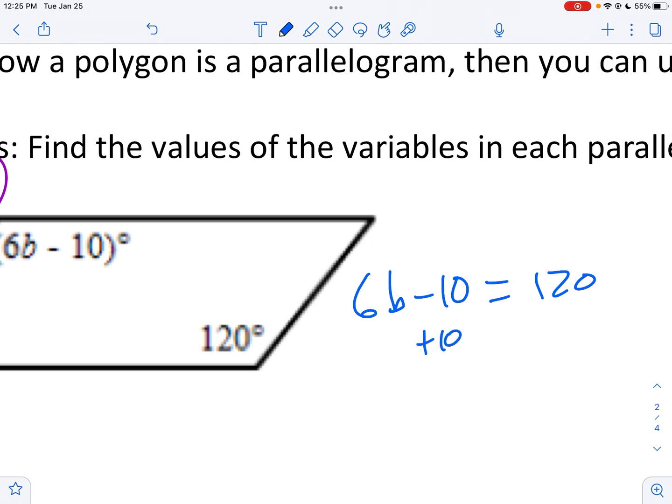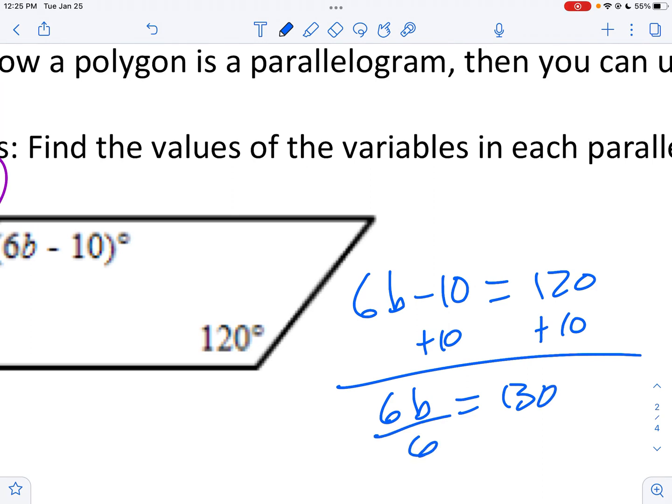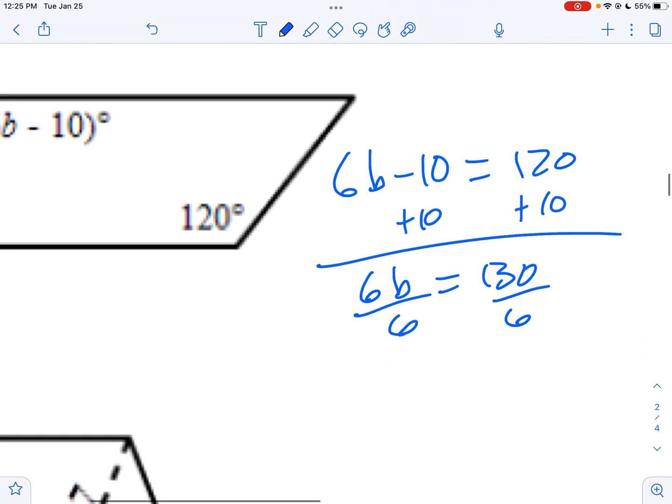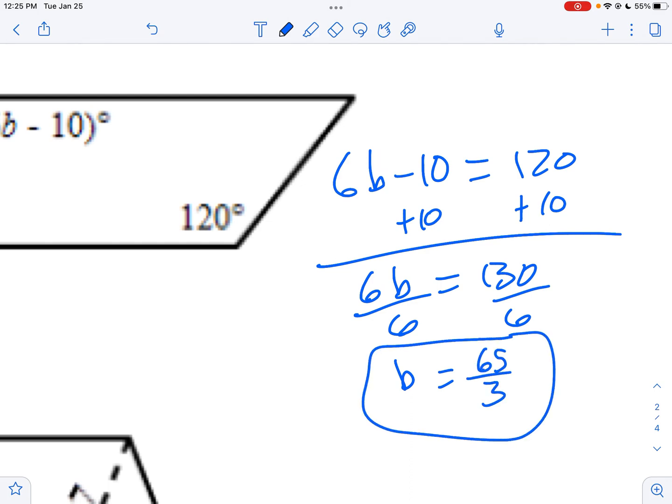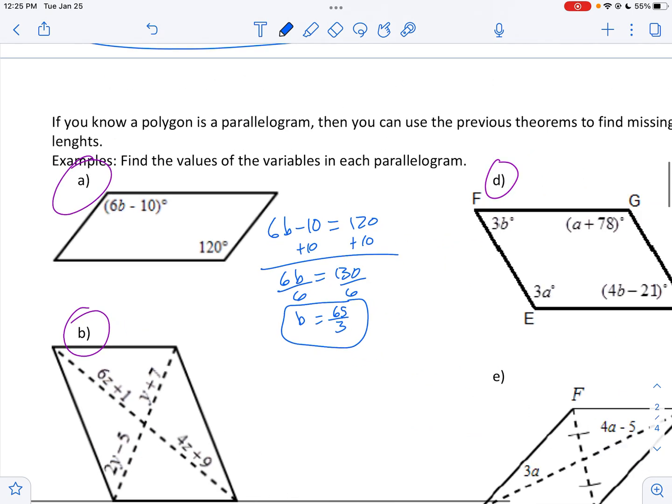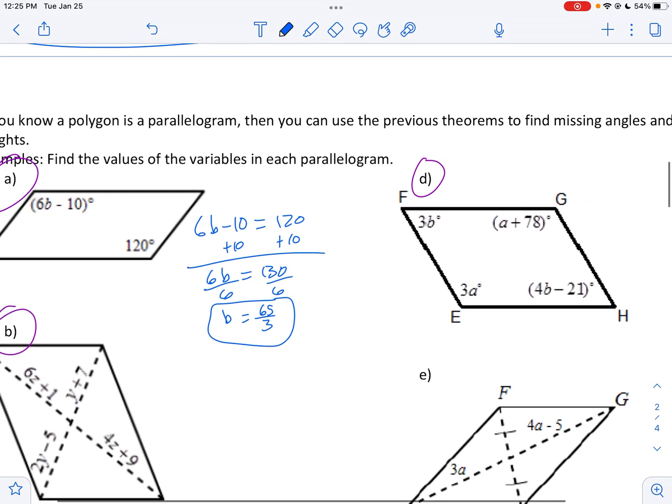Let's add 10, add 10. And then we got 6b equals 130. And then you divide by 6. And that does not go evenly, but that's okay. 130 divided by 6, you can divide both by 2. You get 65 thirds, which is fine. Fractions are totally a normal number that shows up.